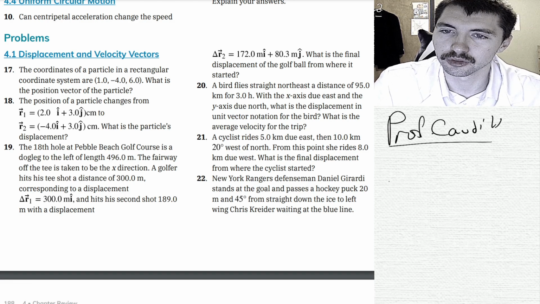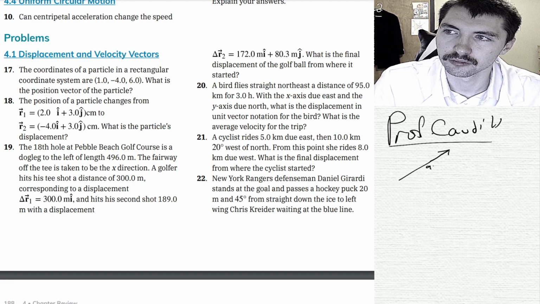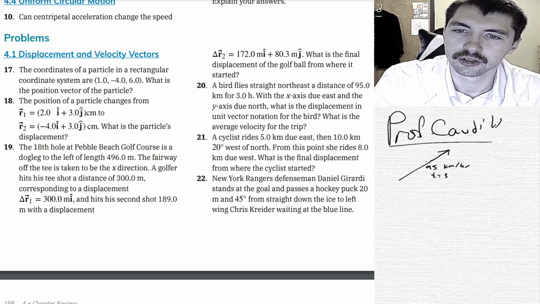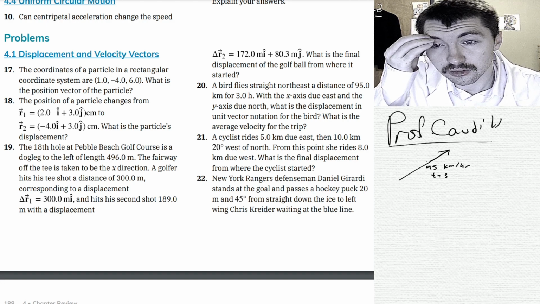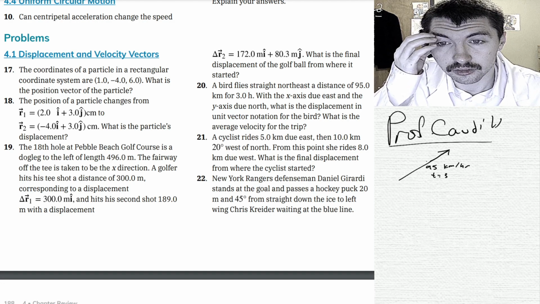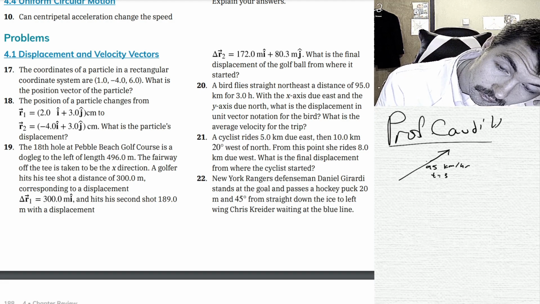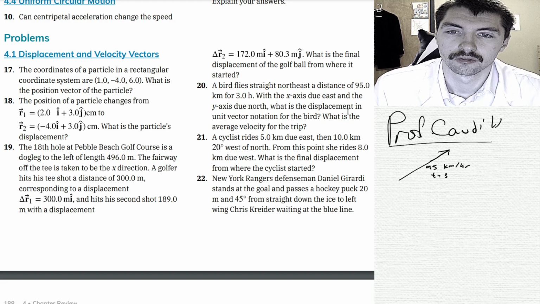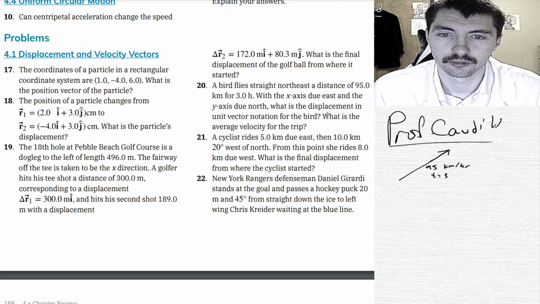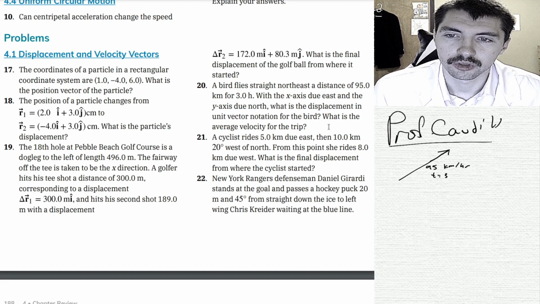Bird flies northeast. Kilometers an hour. T is 3. Okay, what is a displacement vector?